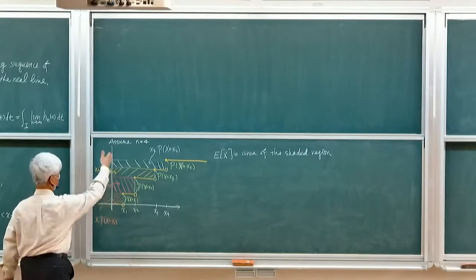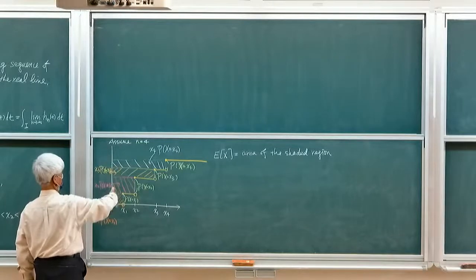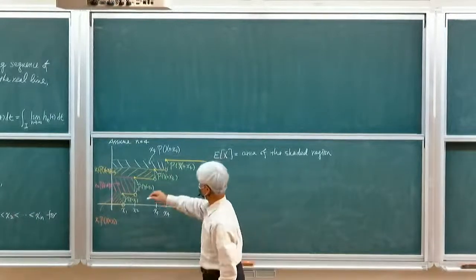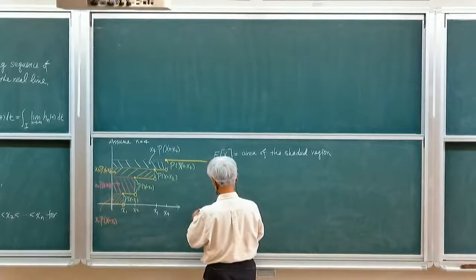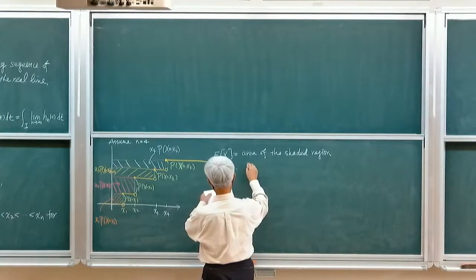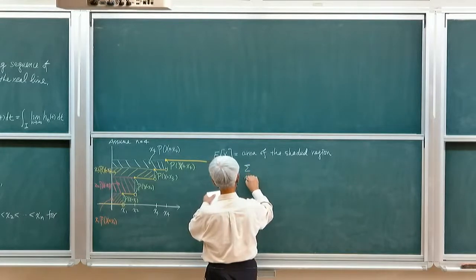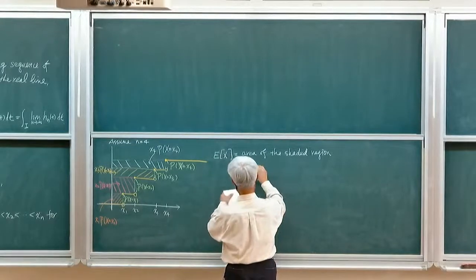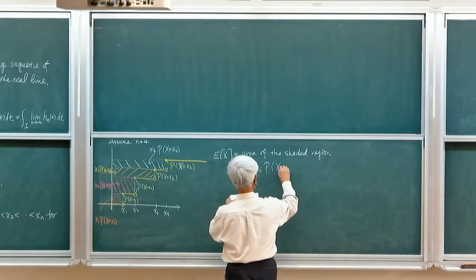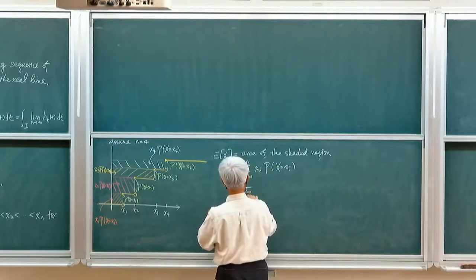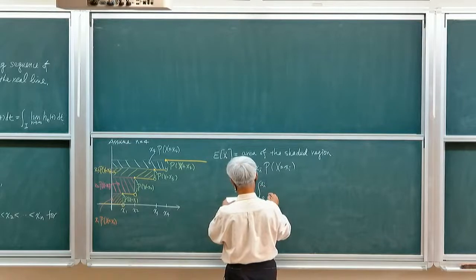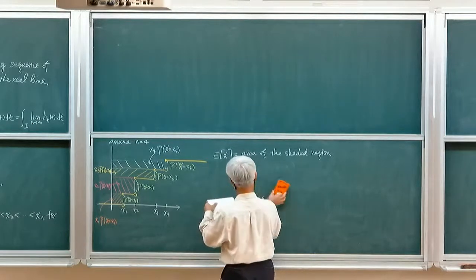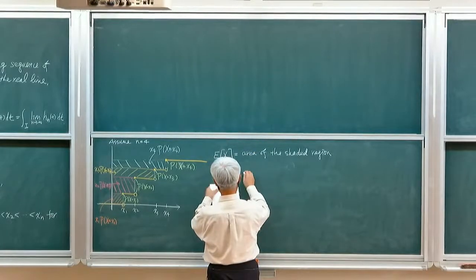So we can integrate the area, and if we integrate that, we can see that this is equal to the sum over i from 1 to n of x_i p_i, integrating from 0 to x_i.